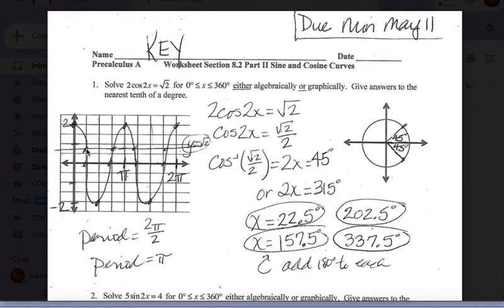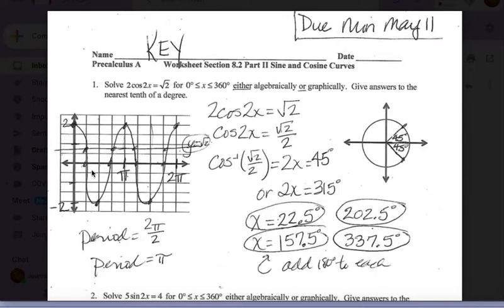So this angle measure right here at 22.5 degrees, add 180 degrees to that, and you'll get this one right here. This angle measure, 22.5 plus 180 right here. And this angle measure is a quadrant, well, I don't want to say quadrant 2 angle because it's twice the angle we want. But this angle measure right here is 157.5 degrees.